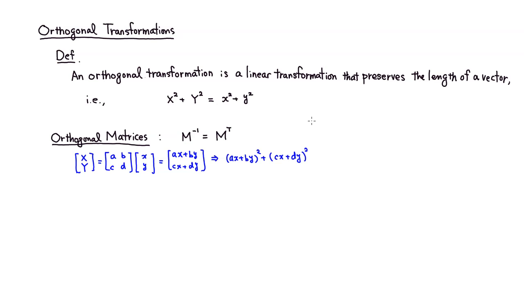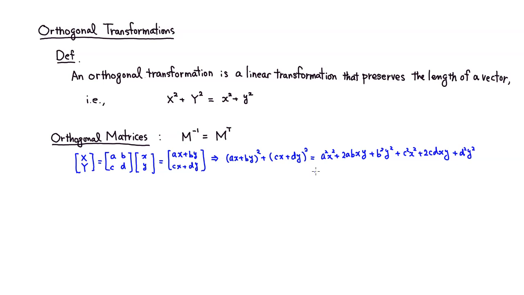All right, let's go ahead and simplify first. So you have a squared x squared plus 2abxy, I'm just multiplying out, plus b squared y squared. And the second one is c squared x squared plus 2cdxy plus d squared y squared.